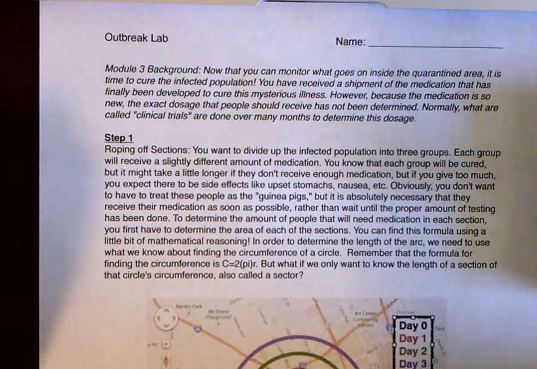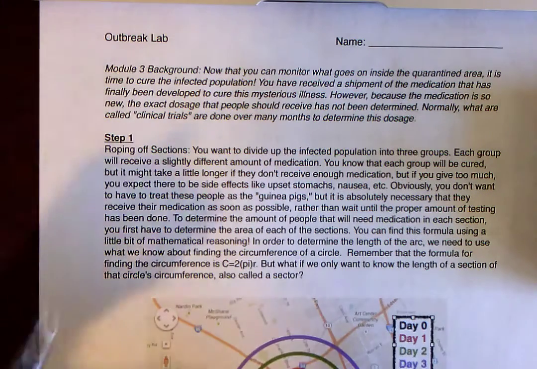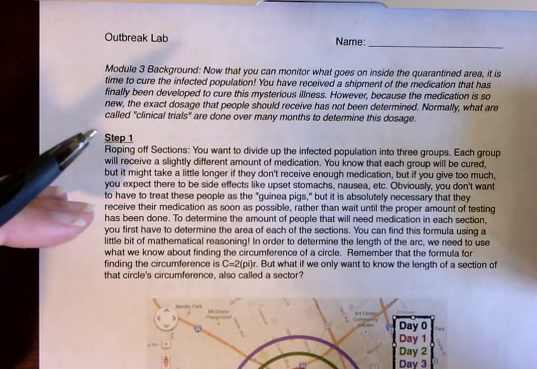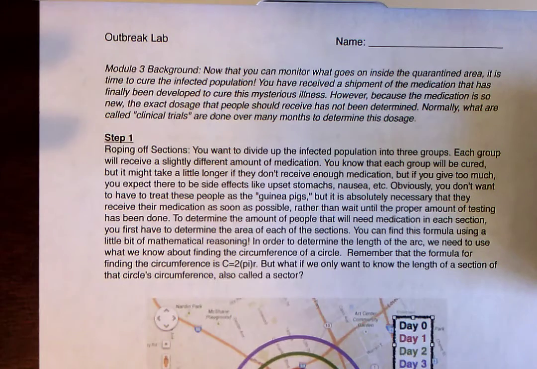And that's going to involve circumference of the circle. So again, we're going to rope off the sections. That's going to involve arc length or circumference, and then we're going to try to figure out how much medication we're going to give to the people, and that's going to go with area.